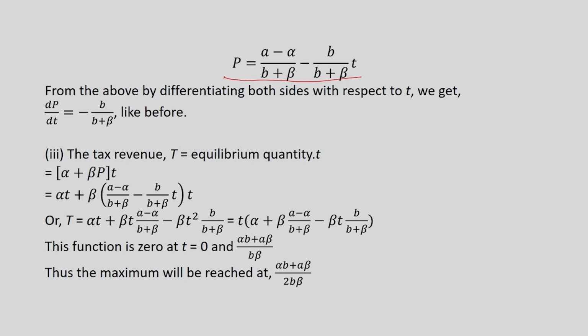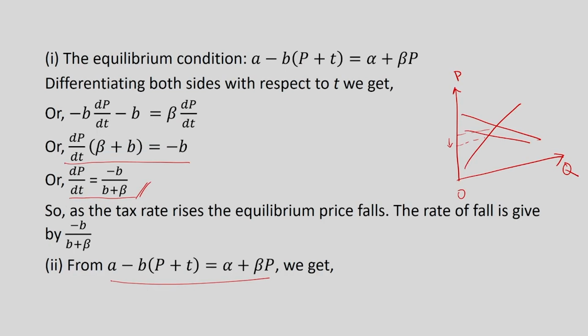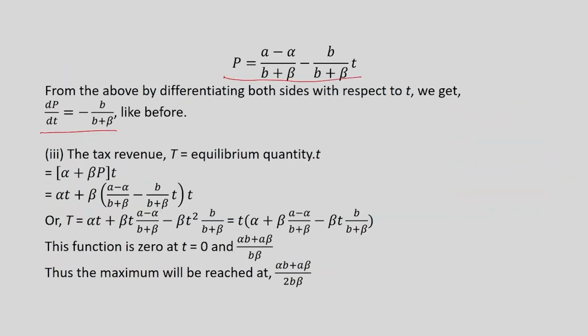So, this is actually a linear function of t. First you have a constant term and then you have some coefficient multiplied by t. By differentiating both sides with respect to t, we get simply minus b divided by b plus beta. This is what we got earlier by implicit differentiation. Here we did not use implicit differentiation, we explicitly found the expression for P and then got the expression for dP/dt.